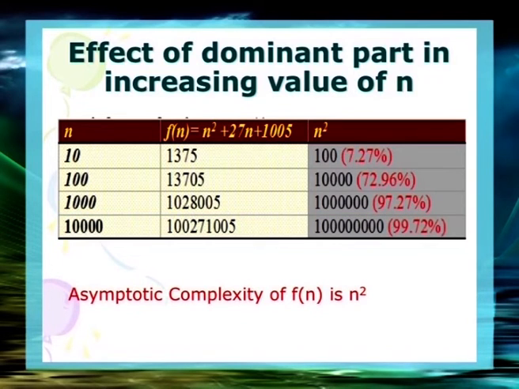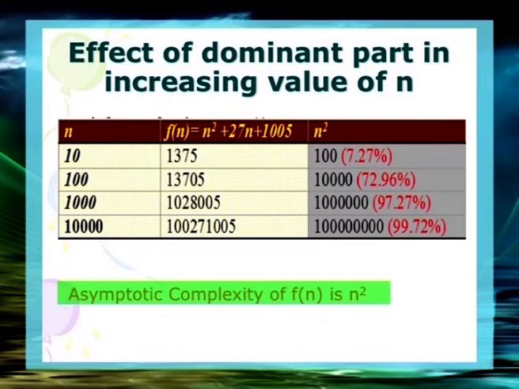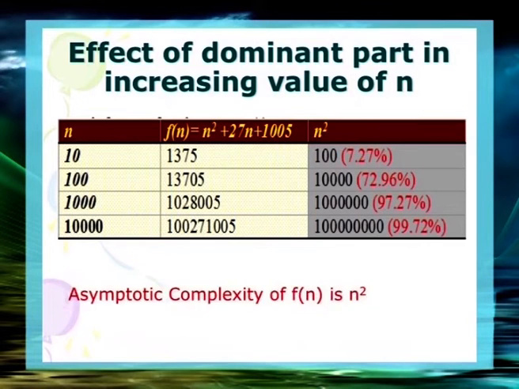So, we can observe that to approximate f(n) as n gets larger, we can ignore the other two terms and focus only on n². We would then say that the asymptotic complexity of function f(n) is n².